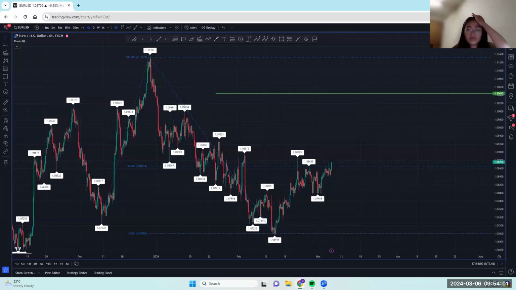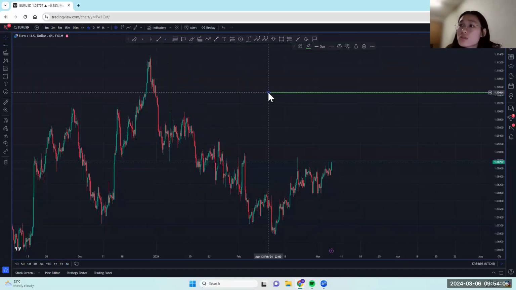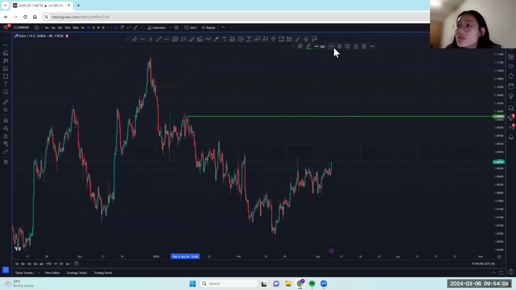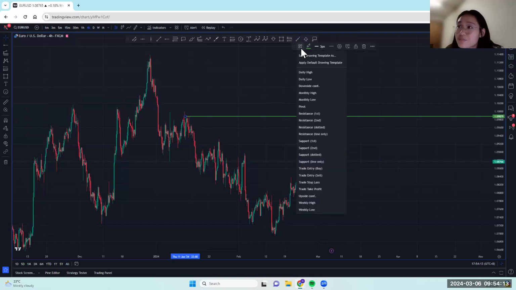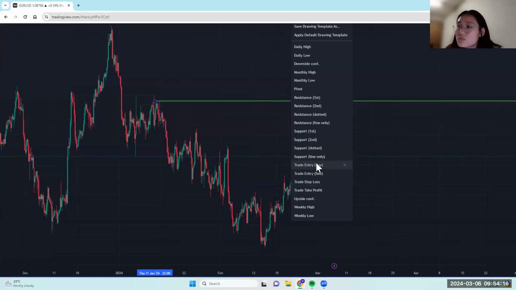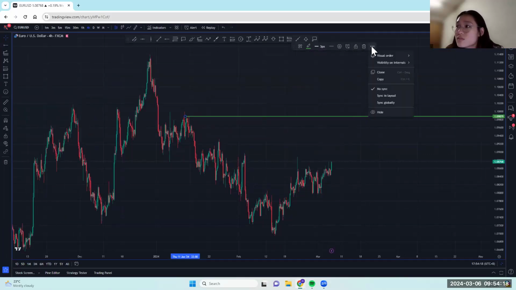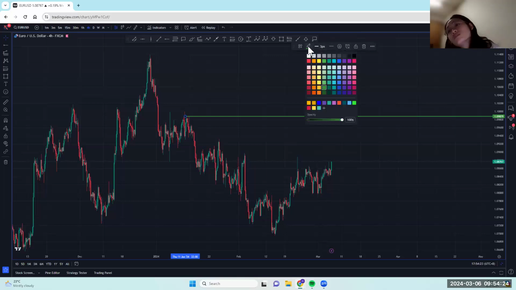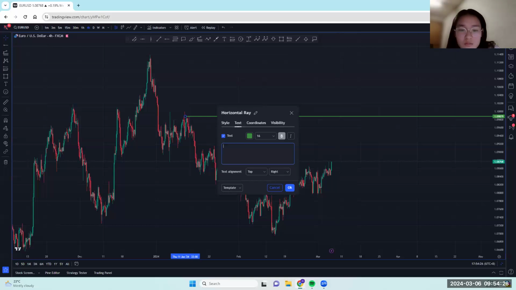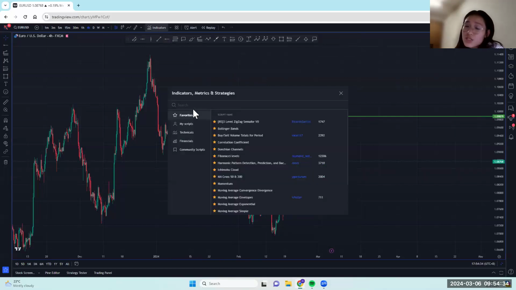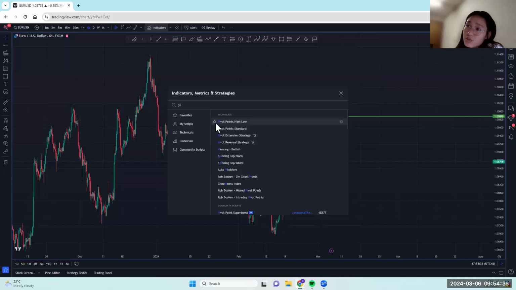Sample resistance 1, we have them preset. Okay, for example, this. Do you mean the template? Oh, for indicators, you set favorites, for example, pivot points with this star here.